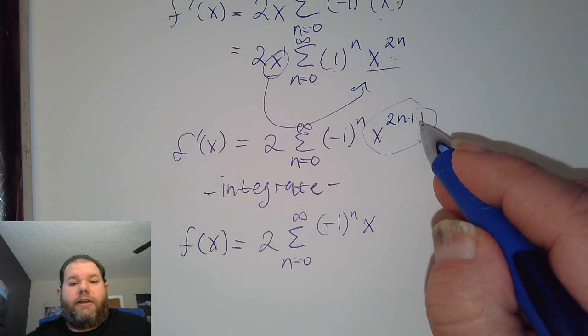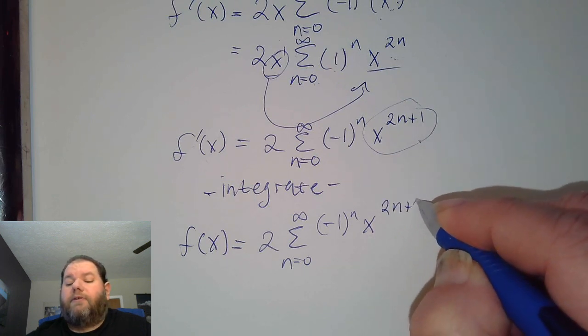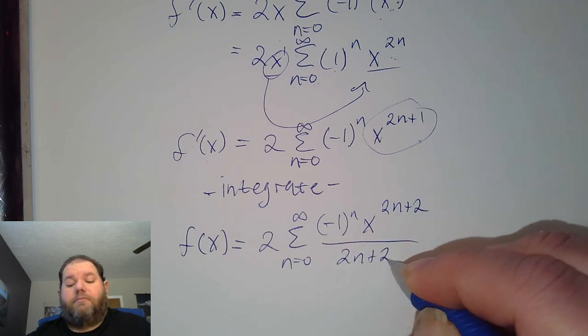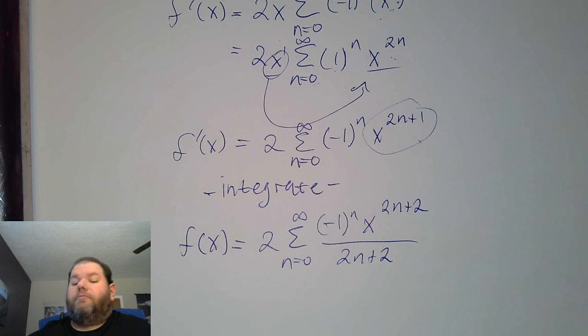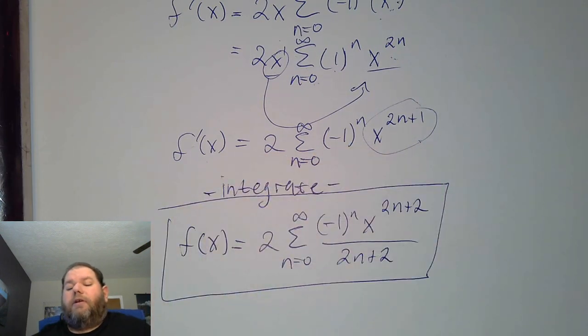We add 1 to the exponent and then divide by the exponent. This is 2n plus 2, and then we divide by 2n plus 2. So that's our power series for f of x. And we can just say that's our power series for natural log of x squared plus 1.